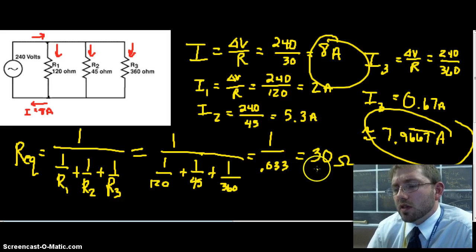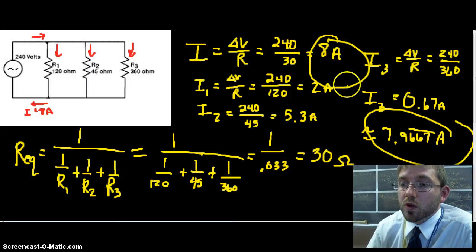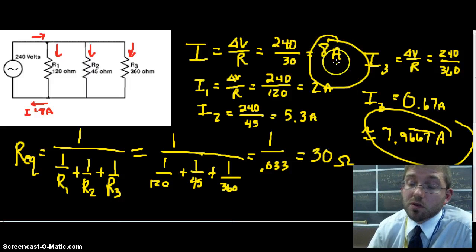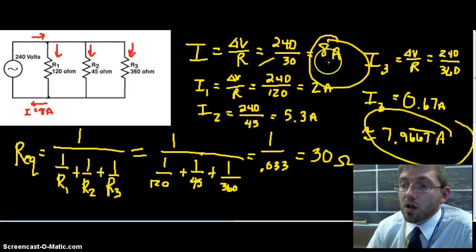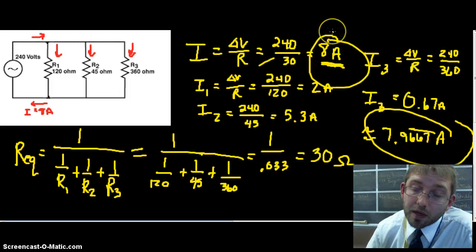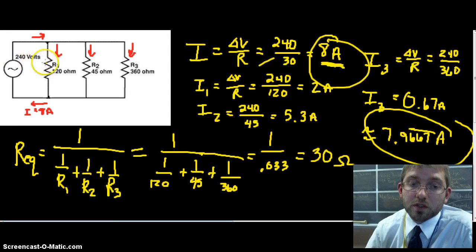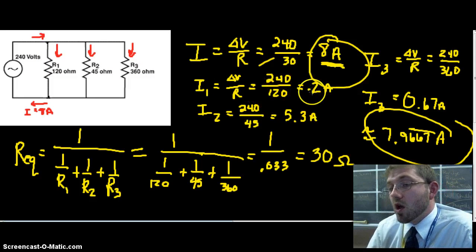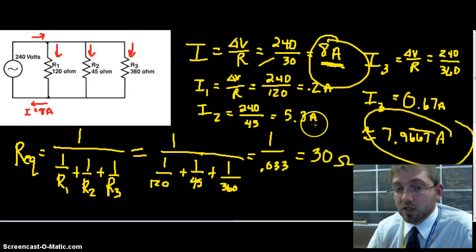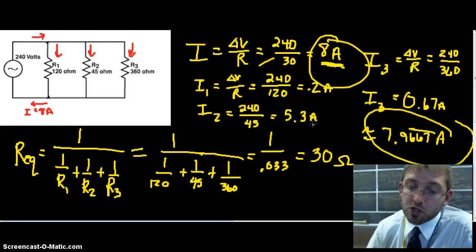Well, by showing you the equivalent resistance is 30 ohms, we determined using Ohm's law, on the assumption that the equivalent resistance is true, what the total current should be. And we verified that by just applying Ohm's law on each branch, knowing and understanding that the total voltage of 240 volts is dropped across each branch, and taking that divided by the resistance in each branch, we found the individual currents passing through each branch, smaller resistance lending itself to larger currents.